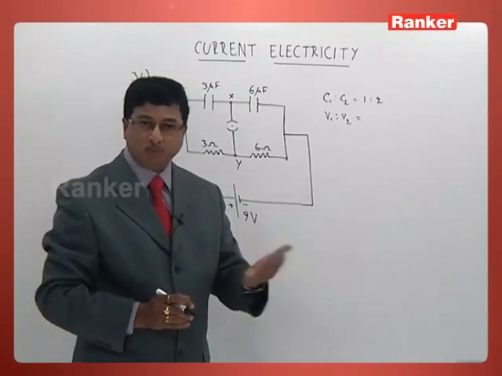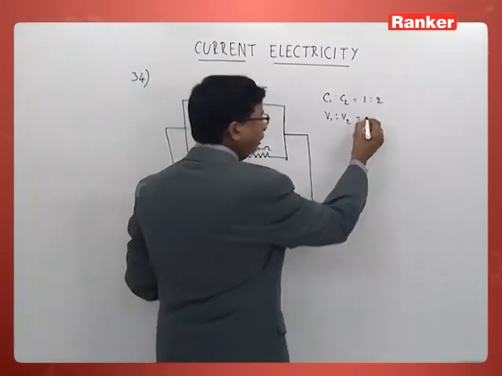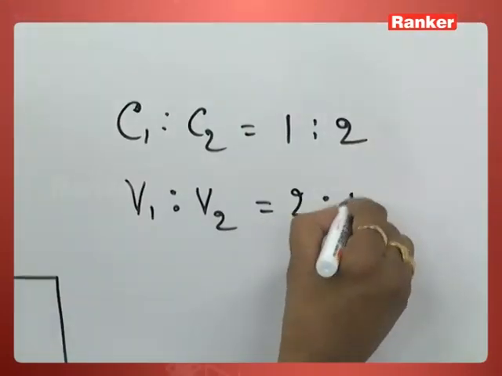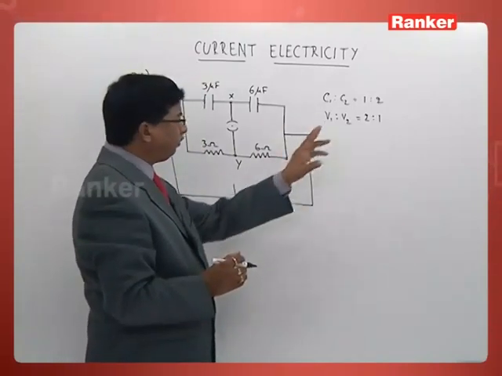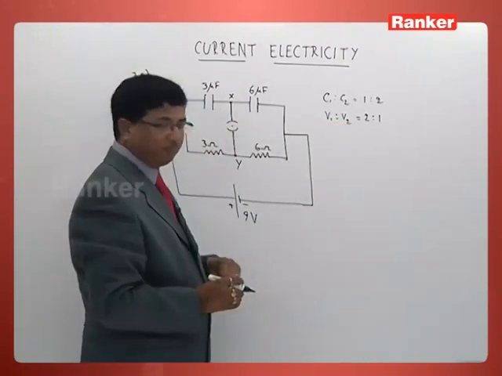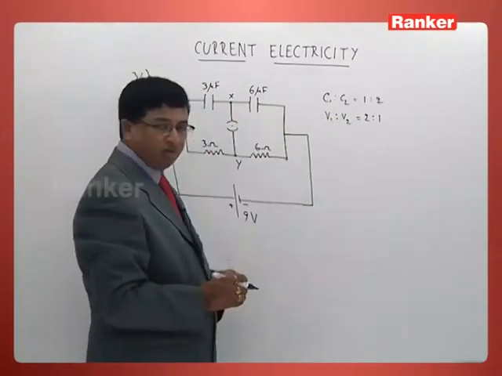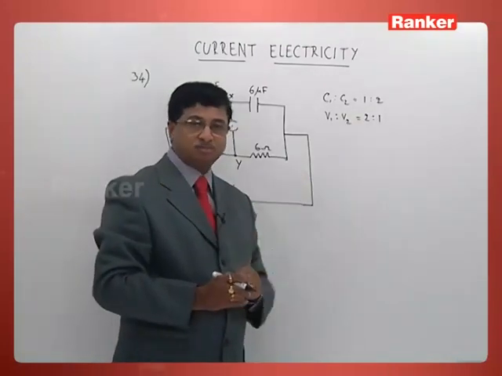V is inversely proportional to C. So if I write V1 is to V2, that now becomes 2 is to 1. You can now understand 2 is to 1 means what? 2 parts for the first one and 1 part for the second. Overall, 3 parts I can count.